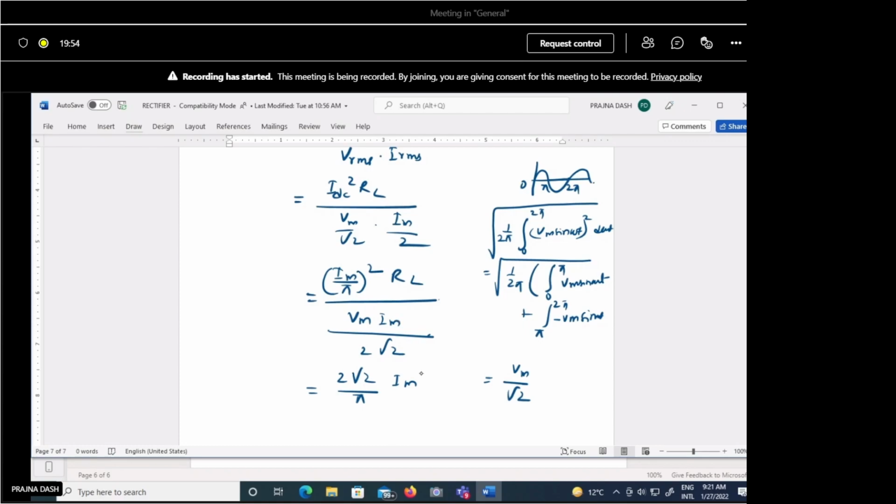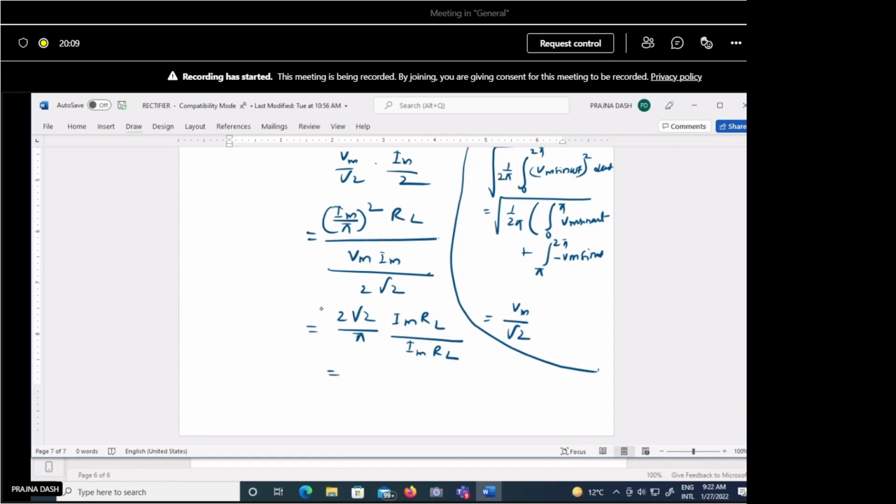One IM gets canceled out, so 1 IM RL divided by BM can also be written as IM into RL. So it is simply 2 root 2 by pi. IRMS is of pulsating DC voltage.